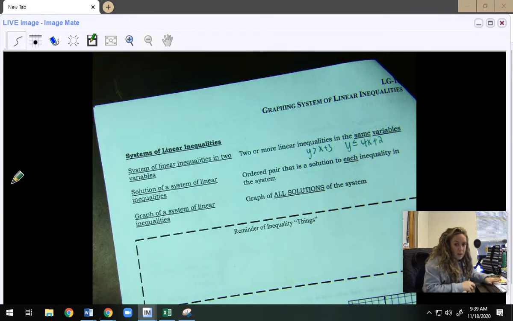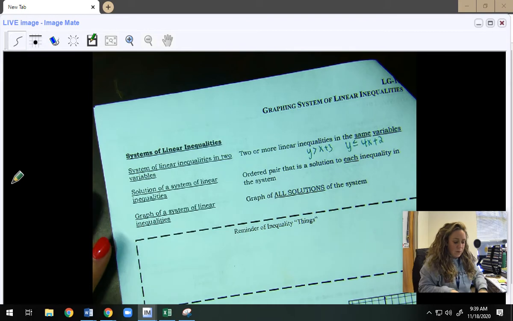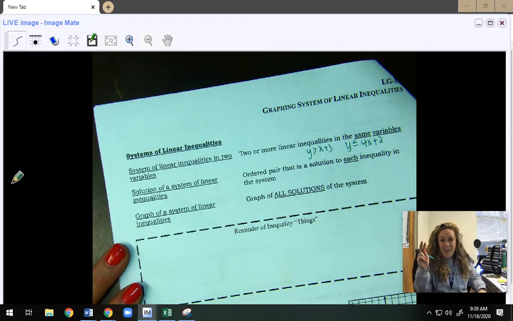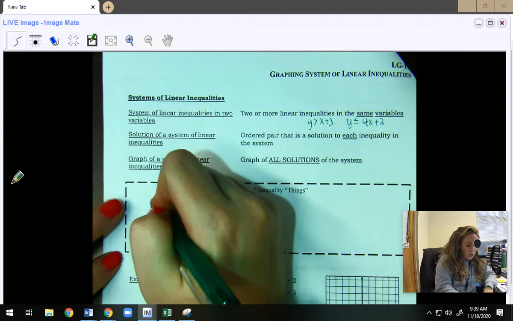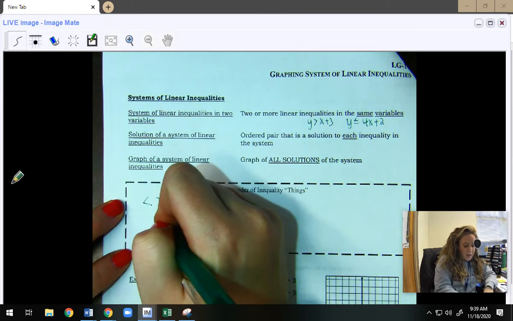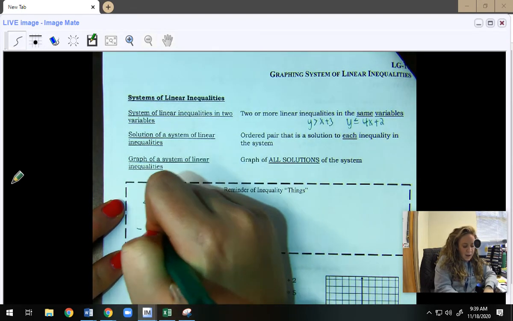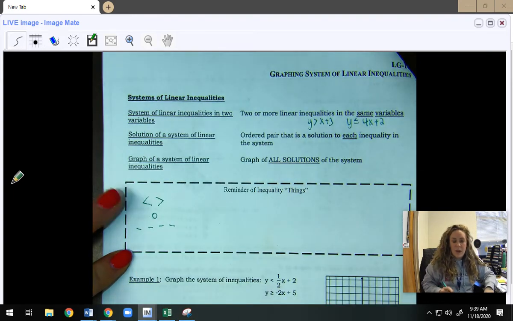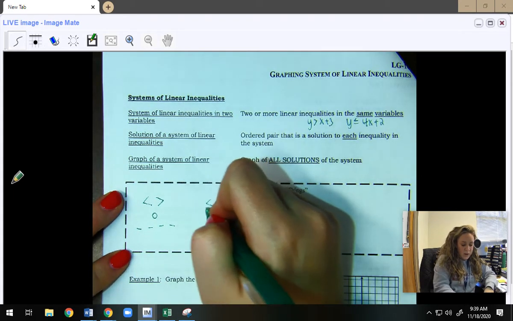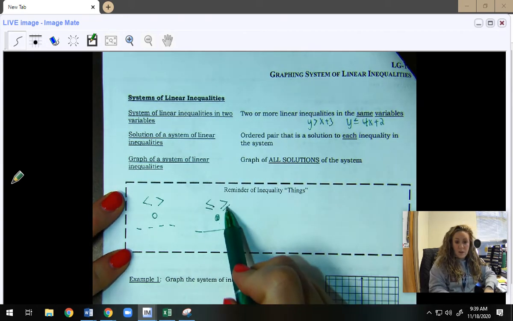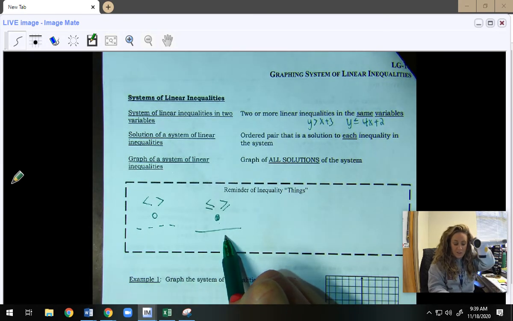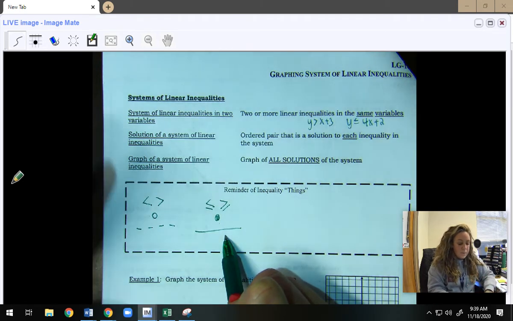All right, okay. So a reminder of inequality things. When you have an inequality and you have this sign, that means you have an open dot and a dotted line. When you have an inequality and you have this sign, it means you have a closed dot and a solid line. Solid line here, solid line here. That's the easiest way that I've always remembered.